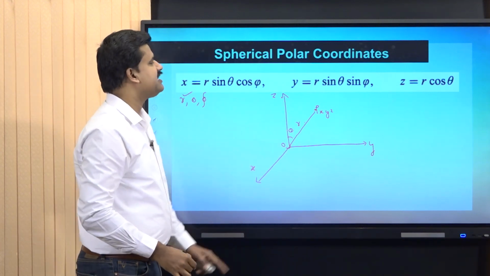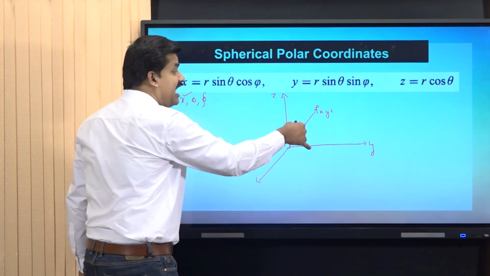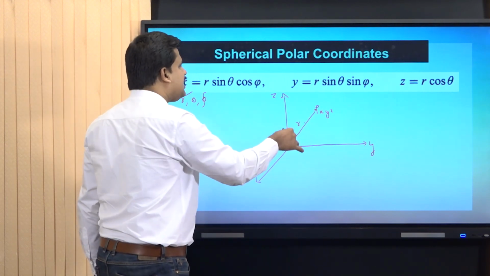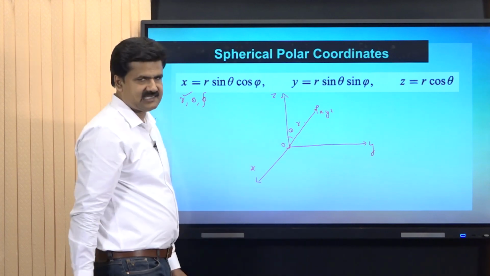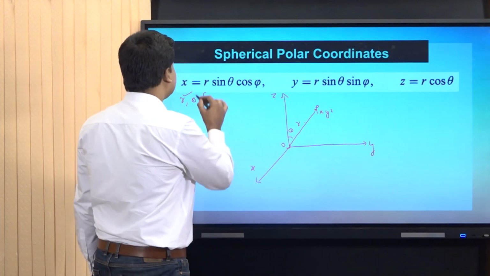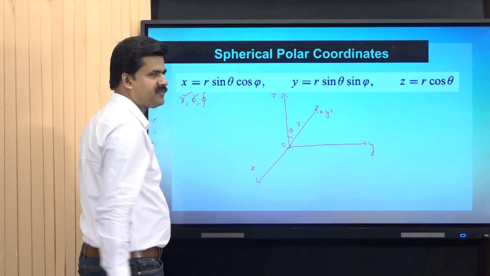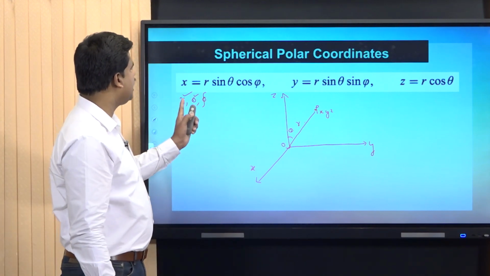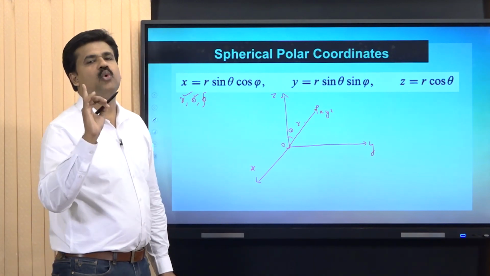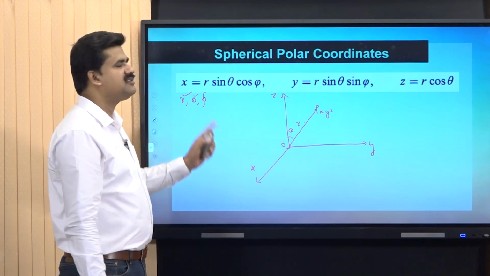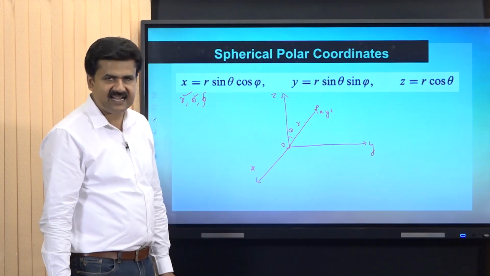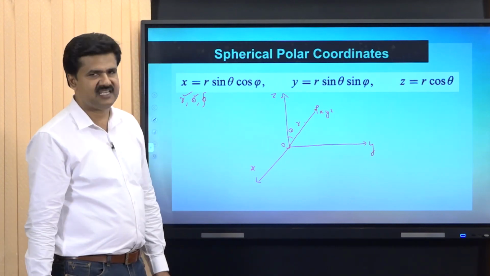That is, theta is the angle between the line r or OP and the z-axis, and the angle theta is here. So we mentioned r and theta. Now one more variable is there. That variable is also an angle, and it is called the phi variable.